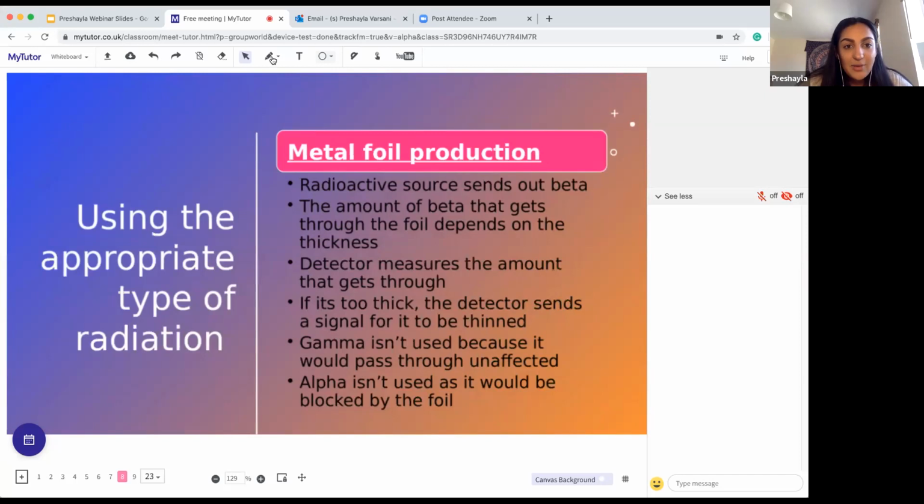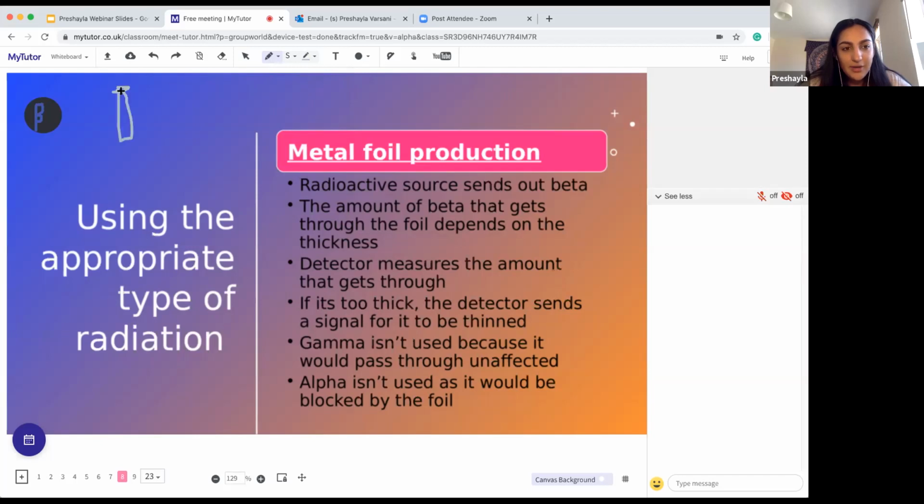So let's say we have a beta source. This is our beta source here, giving out lots of lovely beta. Now that beta is being shot at some amount of grey foil, of metal aluminium foil.